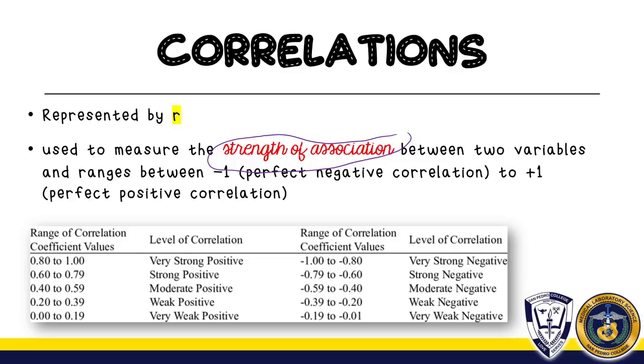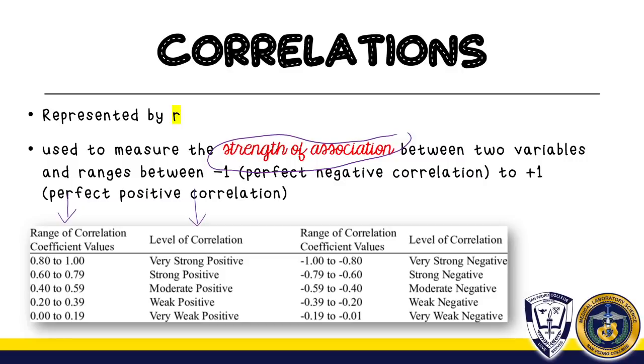From the name itself, strength of association, we are trying to look at how associated or how mutual the relationship is in our data. As you can see here, there is the range and then the level of correlation.